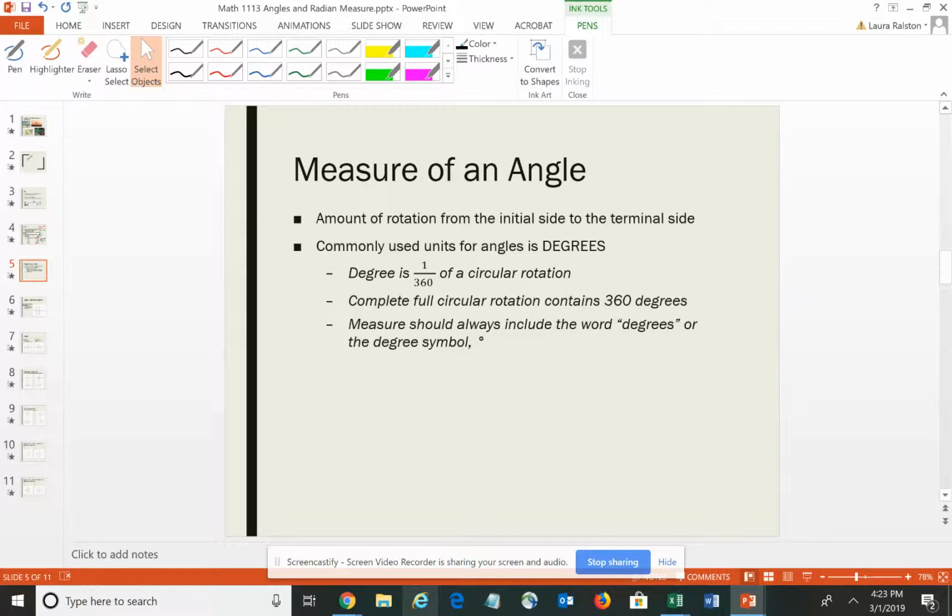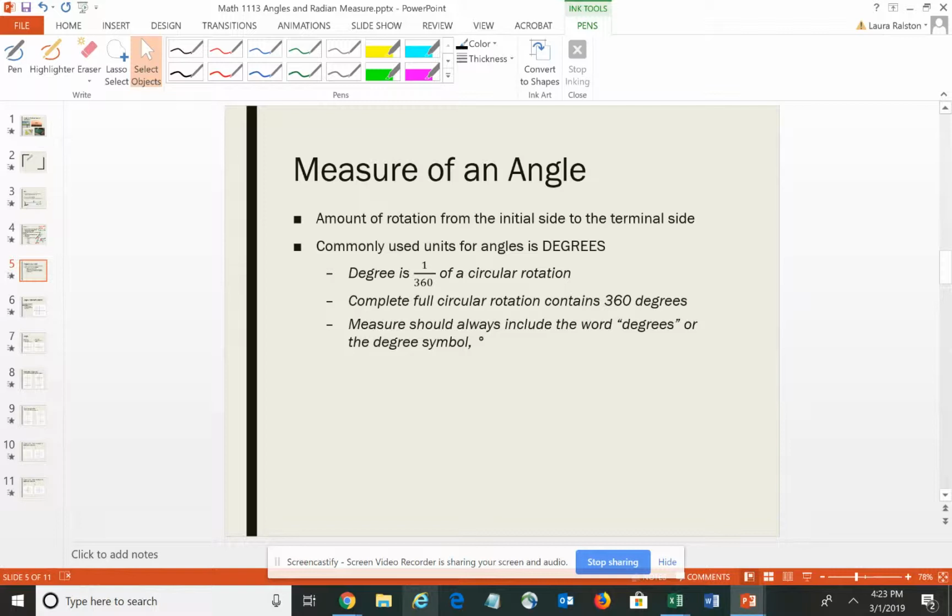Now, the most commonly used unit for angles, especially when you're dealing with triangles, which is our first perspective that we're considering, is we measure it in degrees. And we know from hopefully previous math courses that a full circular rotation or a full circular revolution contains 360 degrees.